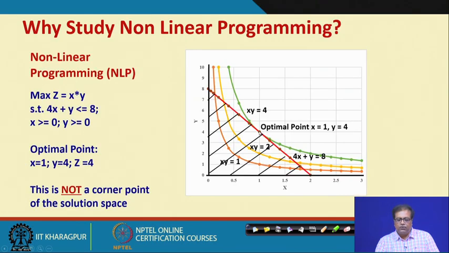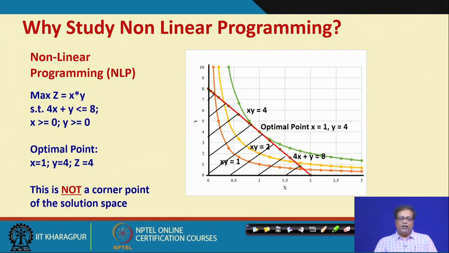Now, if you carefully see, this point is not a corner point. That is the basic point to note. Even though the constraints are still linear, only the objective function is nonlinear, the optimal point does not lie on the corner points.